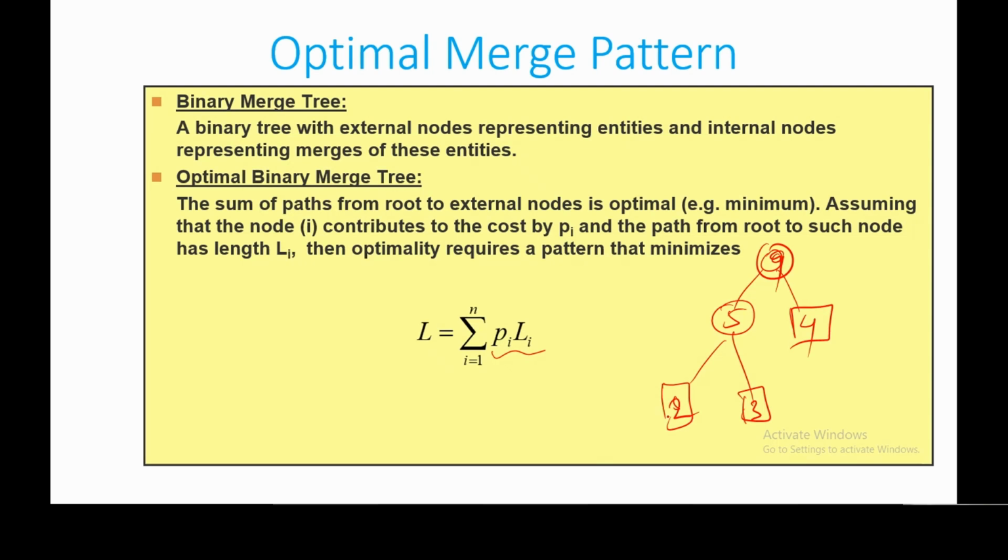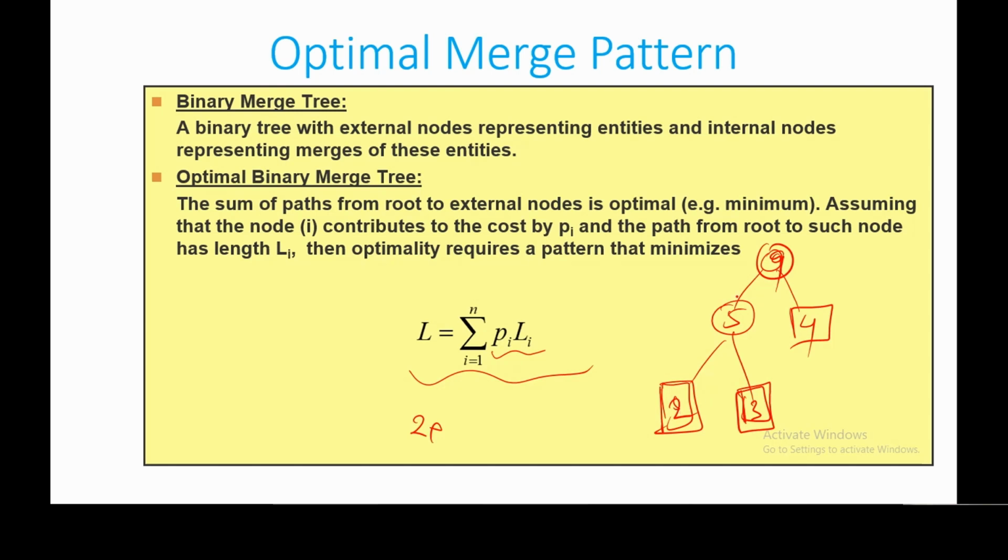In this process we select the two least files, merge them, and again select the two least files and merge them. Now we need to find the total number of moves, the external weighted path length. That will be the cost of that file, multiplied by the number of edges from the root to that node. This external weighted path length is calculated for the original files only, which are denoted by the squares.